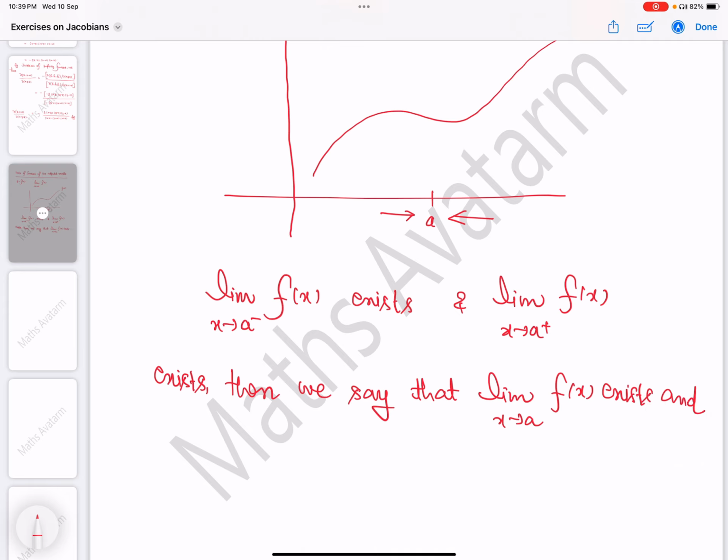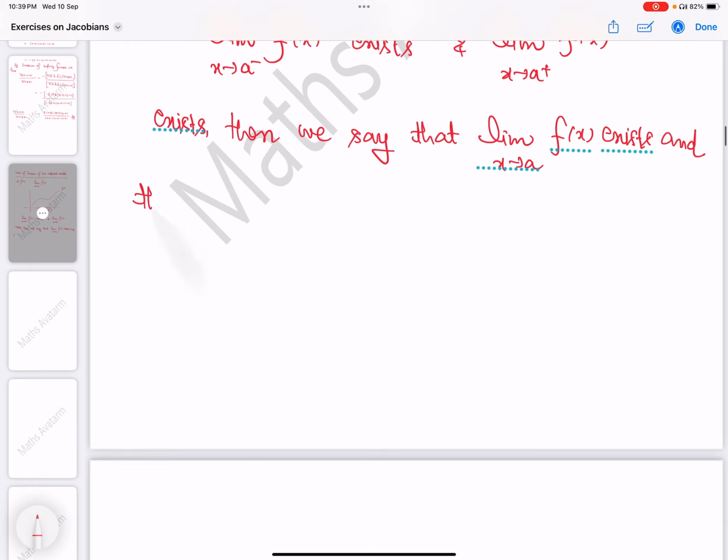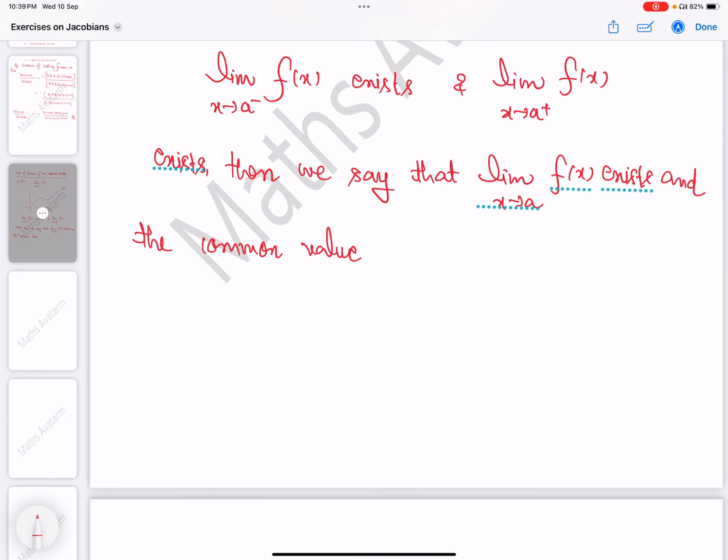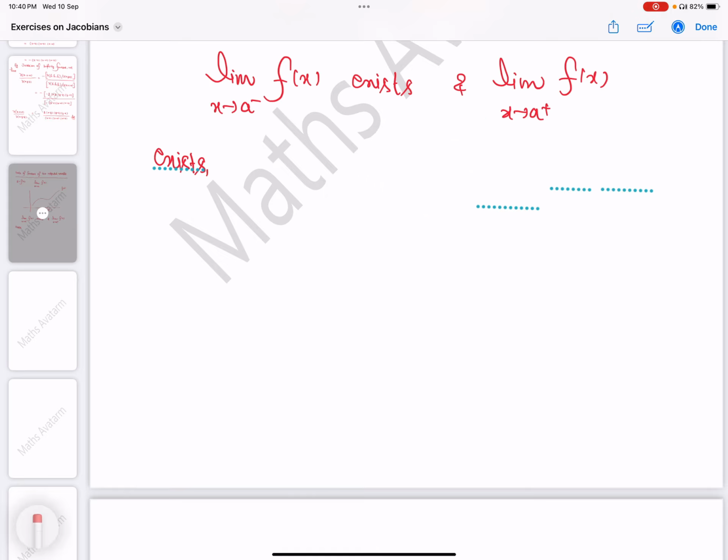and the common value, when both the limits exist, it means the left hand limit is equal to the right hand limit.